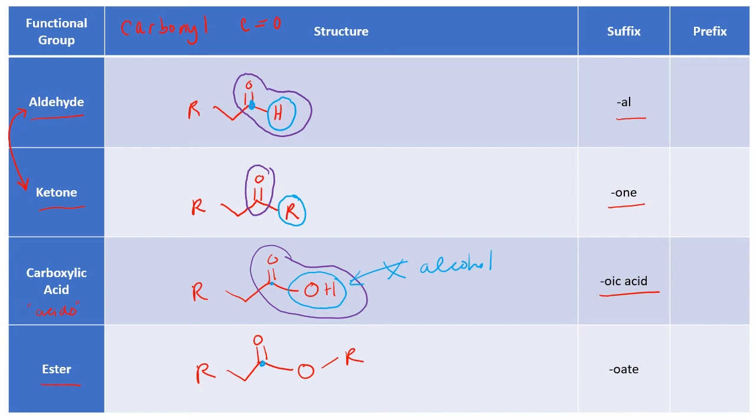What's different compared to our carboxylic acid? Well, instead of our oxygen being bonded to a hydrogen, it's bonded to another carbon chain of some sort here. So this whole part right here, that's going to be your ester group. Those two R groups could change. The suffix is -oate. That's our ending for naming esters.